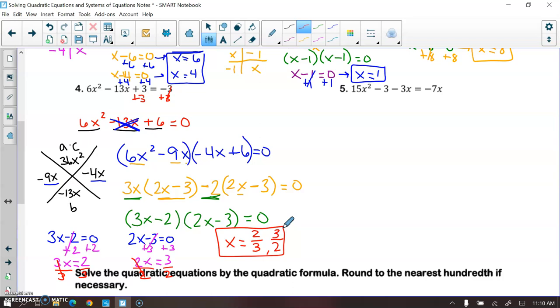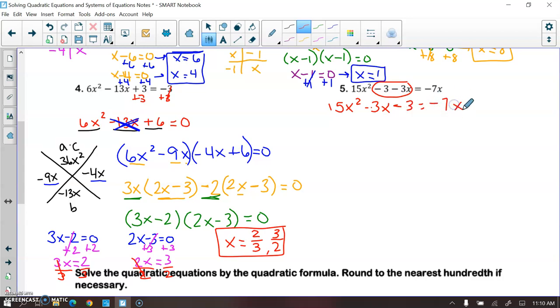Number 5, same thing. We need to set this equal to 0, but be careful. We need to put this in the correct order. We need to flip these two around. So it should always go ax squared plus bx plus c. In this case, it's going to be minus bx minus c.